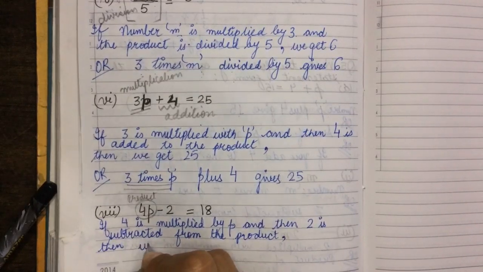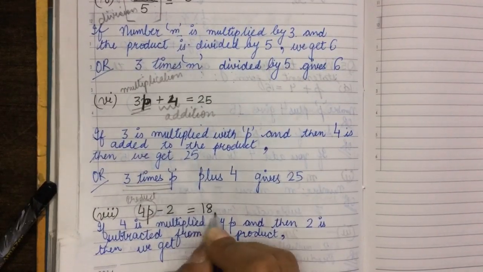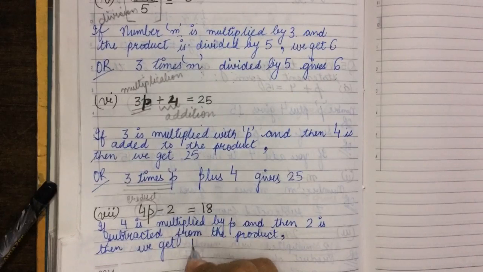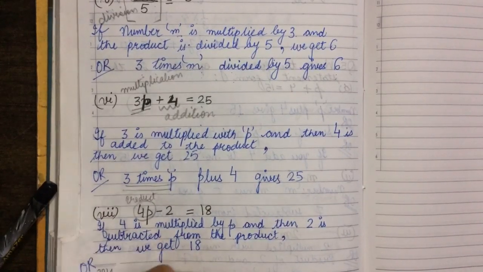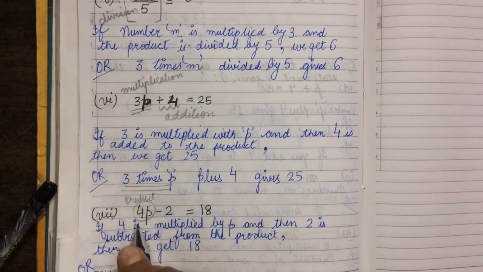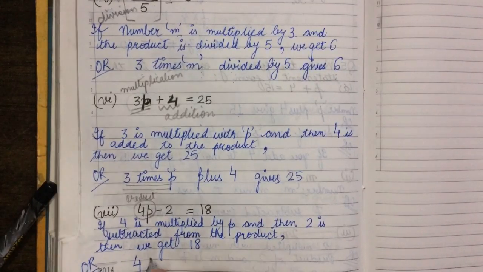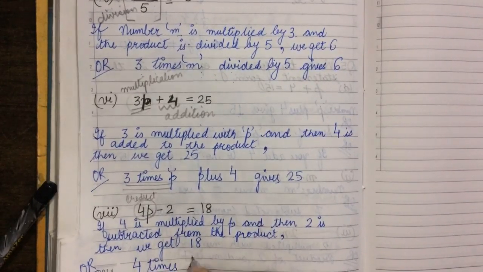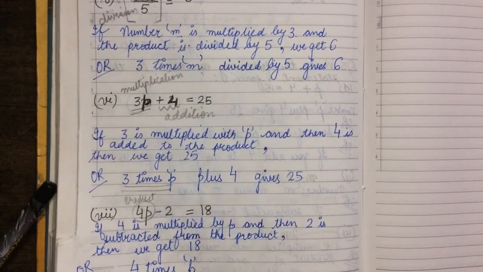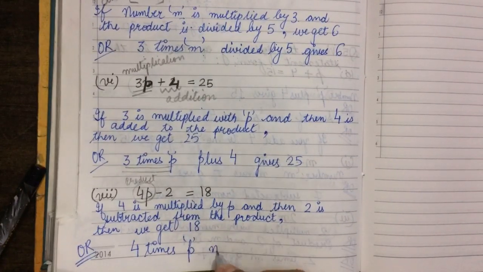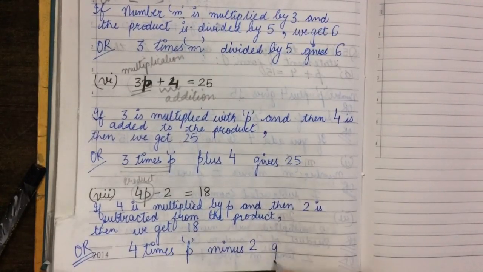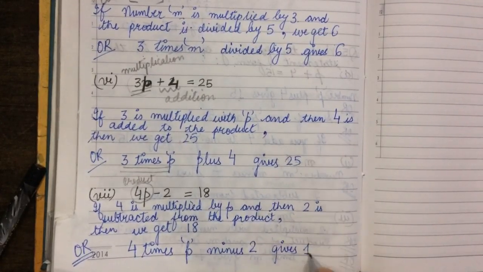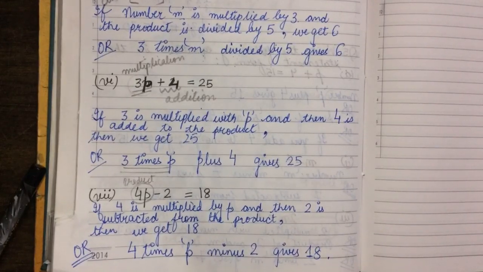Then we get the value on right hand side, which is 18. Now writing it in short, 4 multiplied by p can be written as 4 times p. Subtraction of 2 can be written as minus 2, and then equals to 18 gives 18.